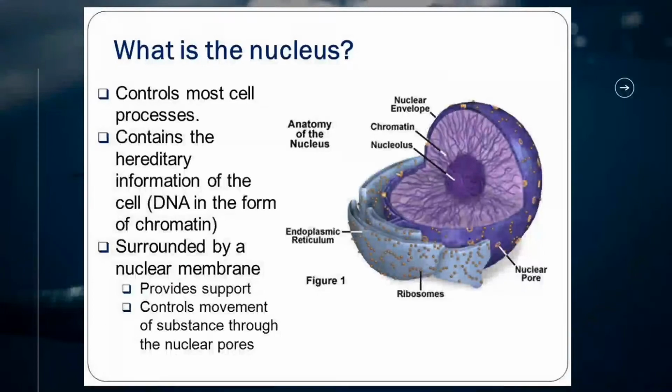The nucleus contains the hereditary information of the cell, which is what? The DNA. And what is DNA? Deoxyribonucleic acid. Every nucleus contains the DNA, and there is another structure called the chromosome.